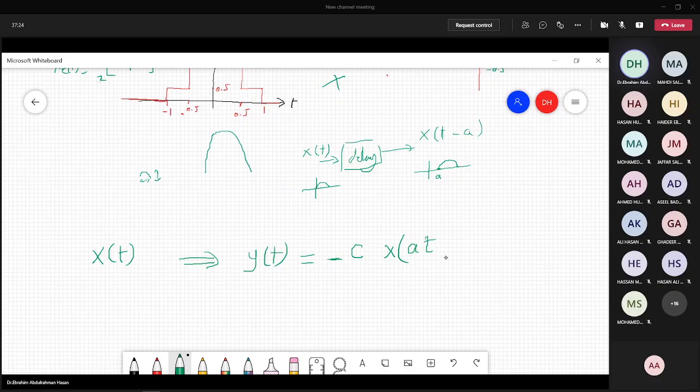We could have the opposite, minus. There is also a possibility of shift.